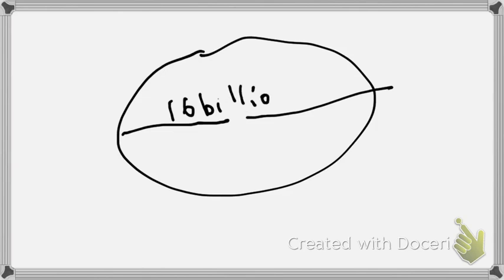Now, the universe is about 14 billion light years across. Okay? And it's, we think, this big wibbly wobbly ball.